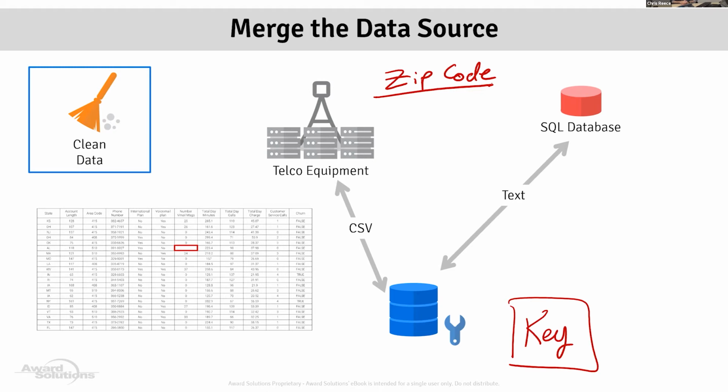If we're dealing with our telecom equipment, maybe it's going to be things like a cell site ID. Maybe it's going to be something like a user ID. Depending on what we're trying to do, maybe it's going to be something like a piece of equipment ID.